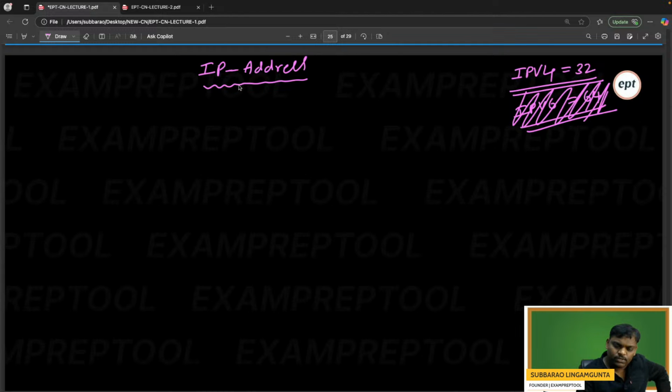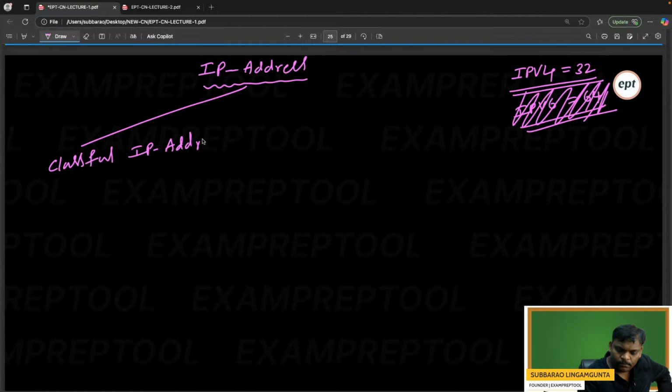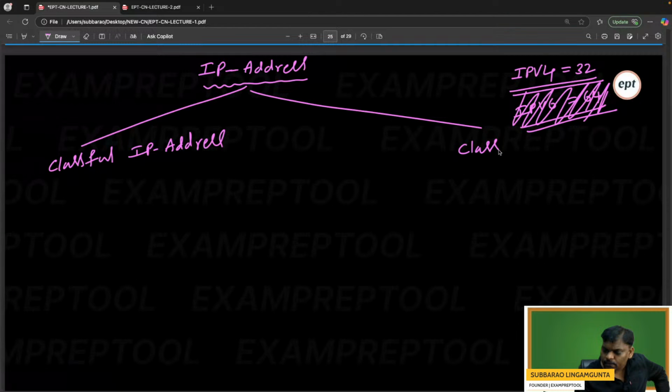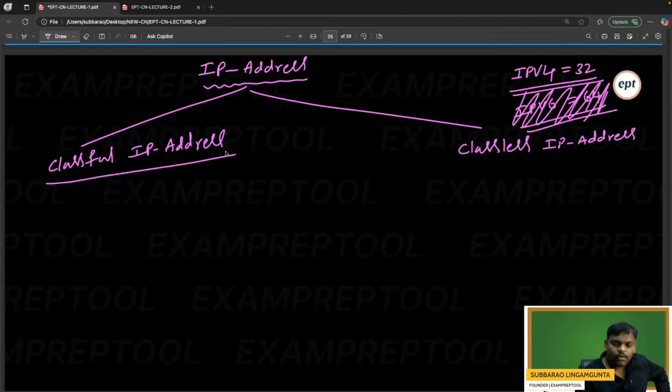IP addresses are of two types: classful IP addresses and classless IP addresses.